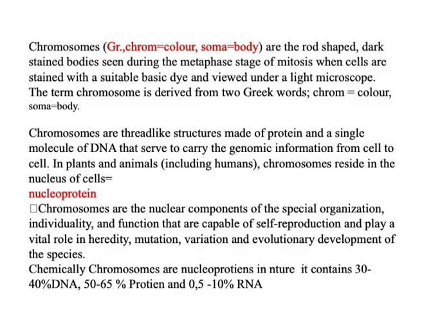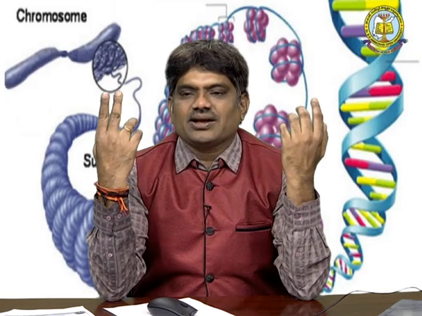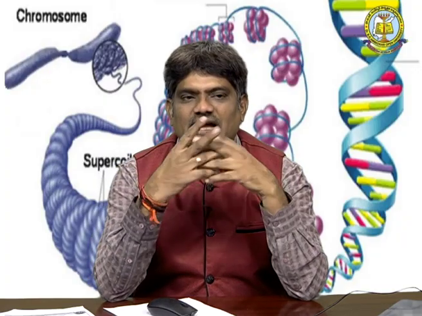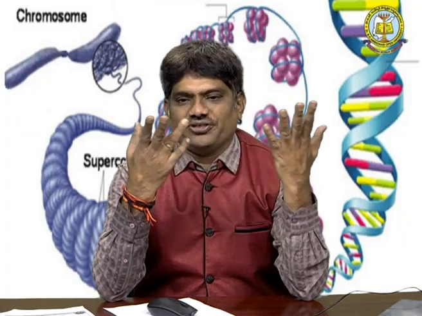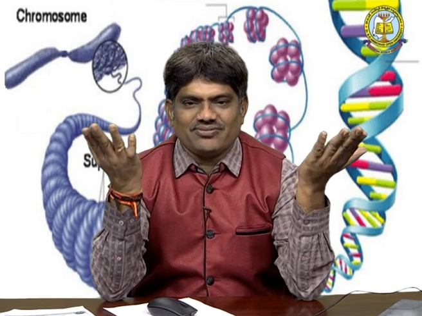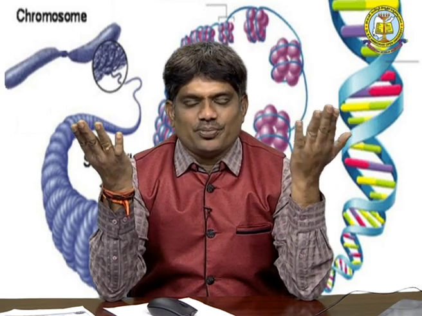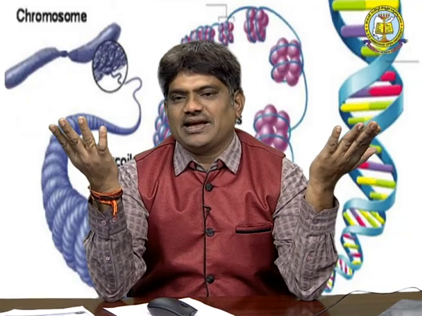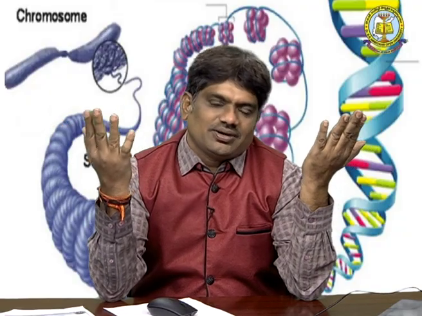In the chromosome, protein, DNA and RNA, these three are present. Commonly we call them nucleoproteins, the nucleic acid part and the protein part. In viruses and basic prokaryotes also, we call it nucleoprotein, DNA and protein.